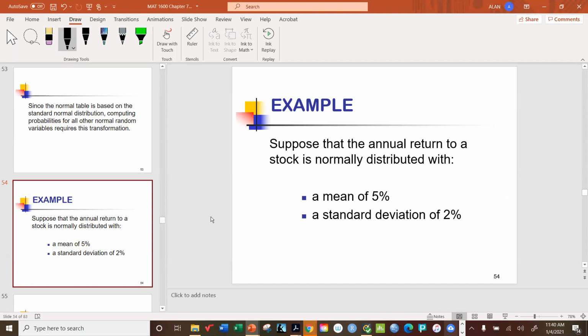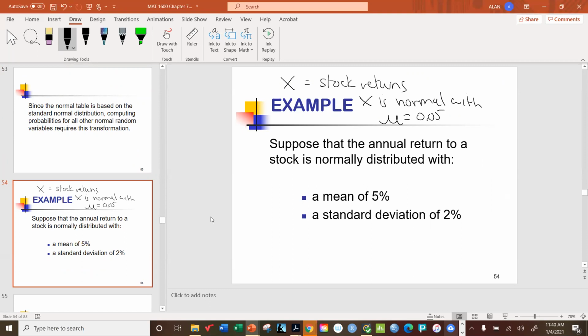So X is normal. It's a random variable that represents the returns of the stock. X is normal, but it's not standard normal because the mean is 5%, which, by the way, I'm going to rewrite as 0.05.